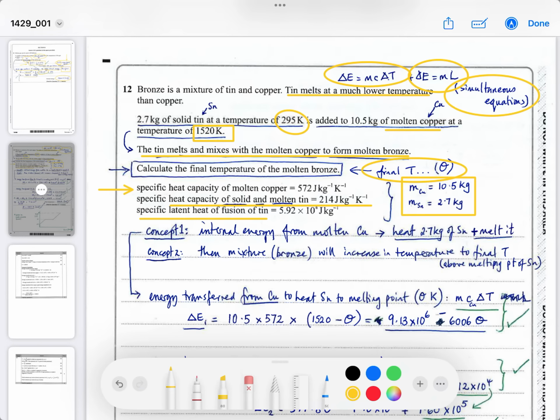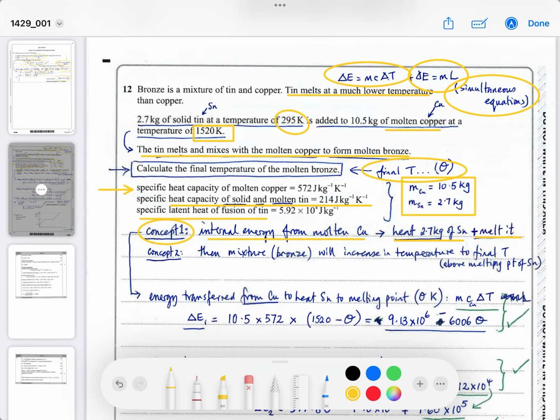So as concepts, I've put the first concept, concept 1, is that the internal energy from molten copper, so basically the heat capacity stored inside the molten copper, yeah, is going to heat 2.7 kilograms of tin and melt it. So we need to use the heat capacity equation and the latent heat equation.